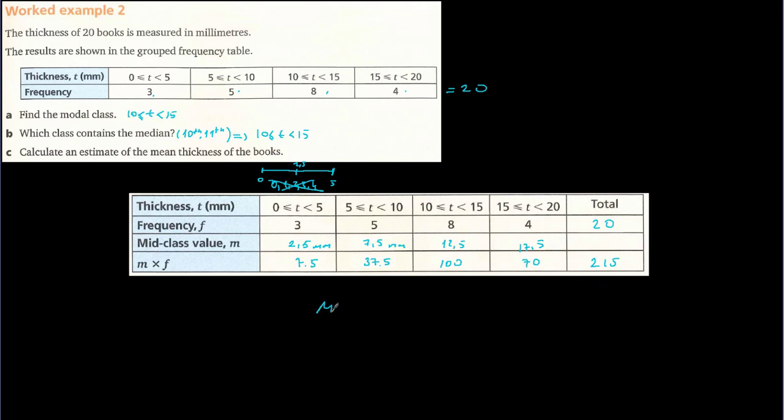The mean value is equal to 215 divided by 20, which is equal to, when you multiply by 5 and by 100, 1075. So when you divide by 100, with 20, I'm going to eliminate, it's going to be 10.75.